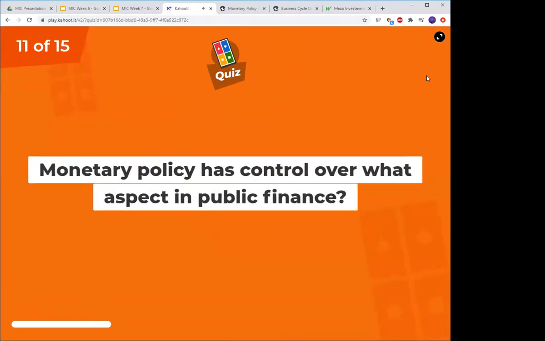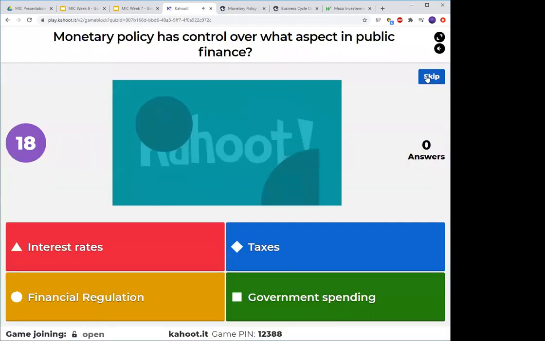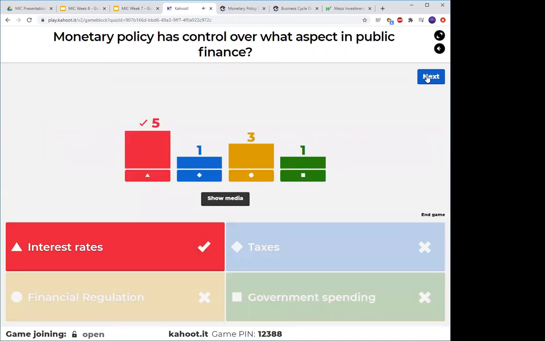All right, question 11. Monetary policy has control over what aspect in public finance? All right, yeah.